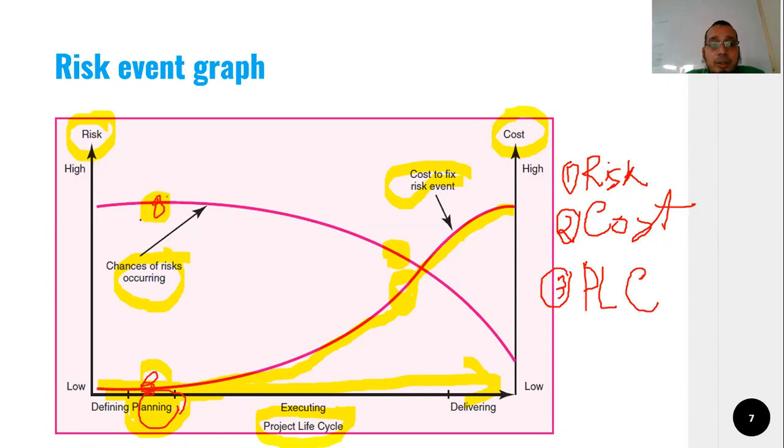This is the cost and this is the risk, the chances of risk. At the point of execution, at the time of delivery, if we identify the risk only then, what happens? The cost will be very high.